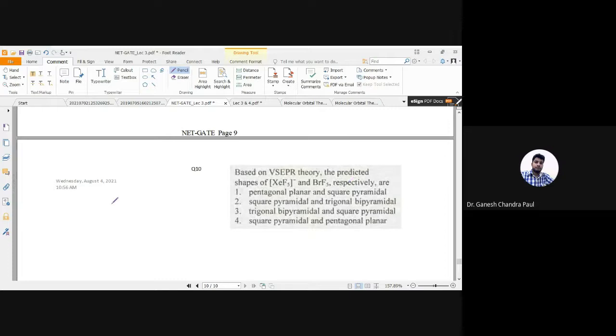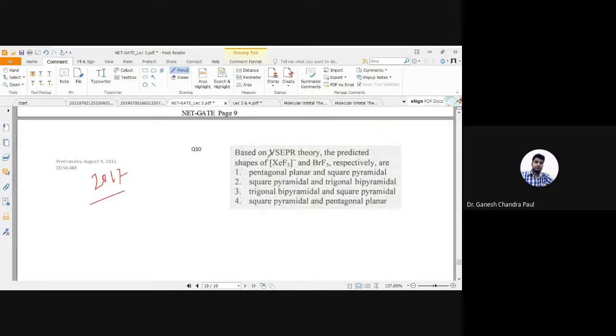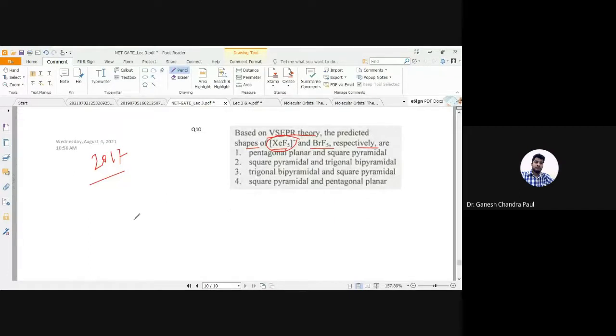Okay, that question came in the next year, 2007. Based on VSEPR theory, the predicted shapes of XeF5 minus and BrF5 respectively are what? Probably last week we discussed the shape of XeF5 minus, right? Xenon pentafluoride anion.